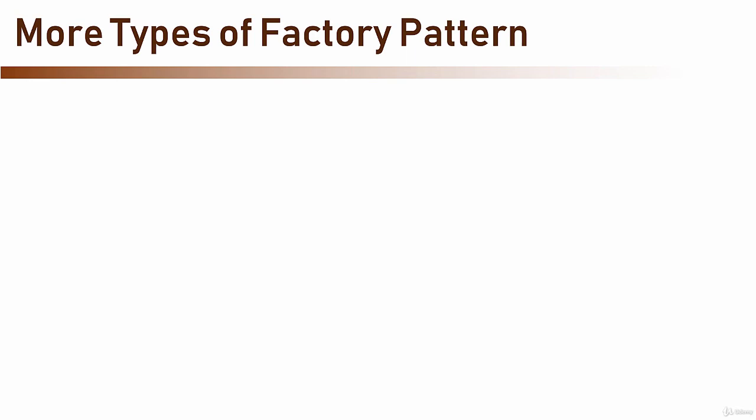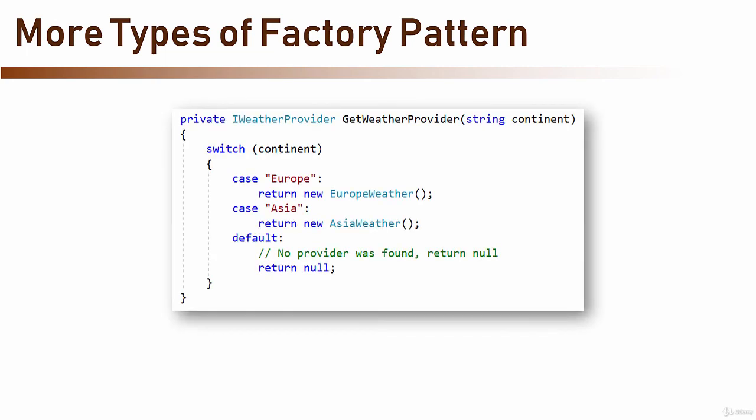For example, our weather classes are called, surprisingly enough, Europe Weather and Asia Weather, and they both implement the iWeatherProvider interface. Our factory will now look like this. As you can see, the factory method accepts the continent name of the required weather forecast and returns a different instance based on it. This is a quite common pattern in factories, and there are a lot of examples of factories making a decision on the specific instance to be returned.